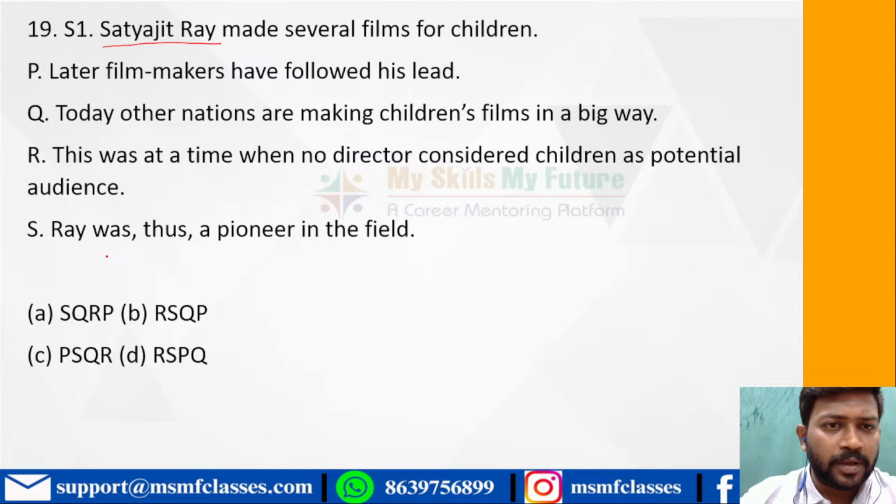Let us observe the options also. Two options are a little bit similar, RSQP and RSPQ. Let me check whether these two sentences become a combination or not. If RS becomes the combination, any of these will be the answer. If RS is not the combination, I will eliminate these two options and go with A or C.